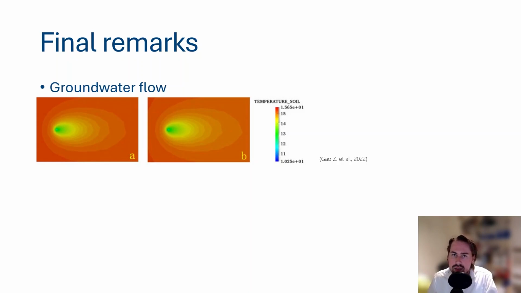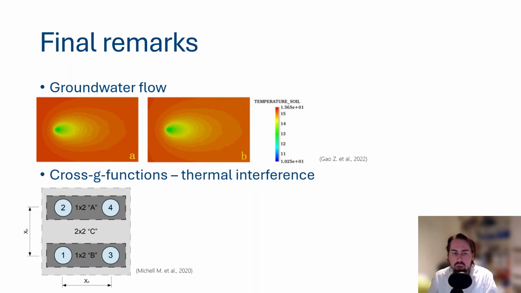And a last remark I want to make has to do with what's called cross G functions. So we now talked about the G function, which takes into account the thermal interaction between the different boreholes in the bore field. But of course, if you have a neighborhood and there are different bore fields nearby, they also influence each other. And this is called thermal interference. We will create a whole separate video on that topic. But we have there also the concept of cross G functions.